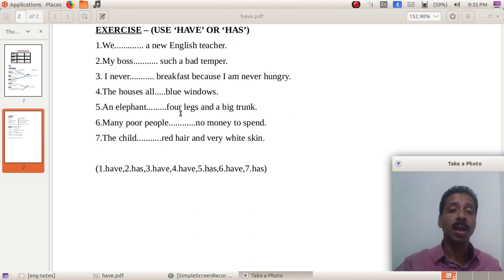An elephant has four legs and a big trunk. Then the sixth one, many poor people dash no money to spend. Many poor people, plural, so have is to be used. Many poor people have no money to spend. The child dash red hair and very white skin. The subject is the child, third person singular, so has is to be used. The child has red hair and very white skin.